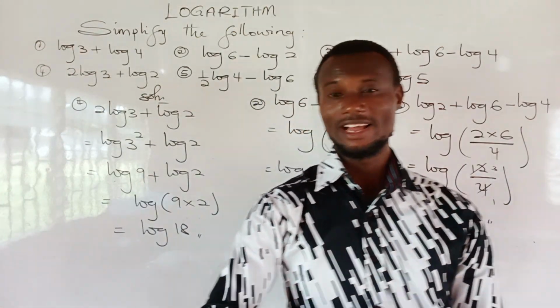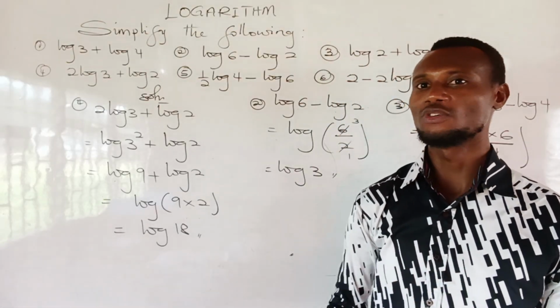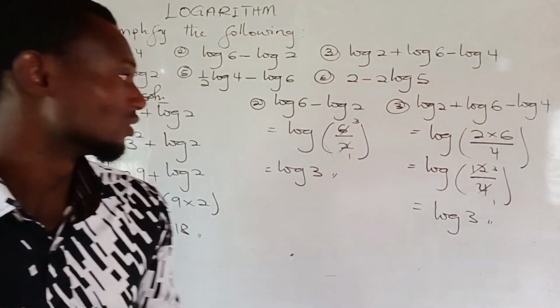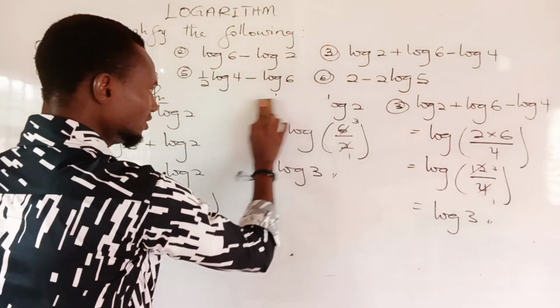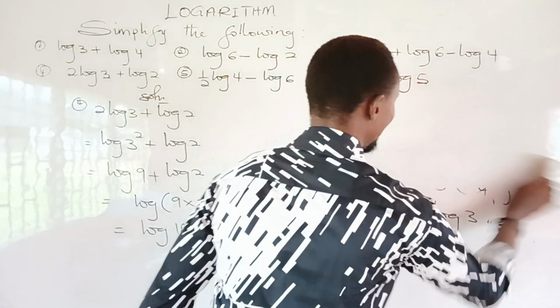I hope the explanation was clear enough and you understand as well. Let's proceed and look at the example 5 as well. So let me clean this from here so that we can have enough space to do the example 5.